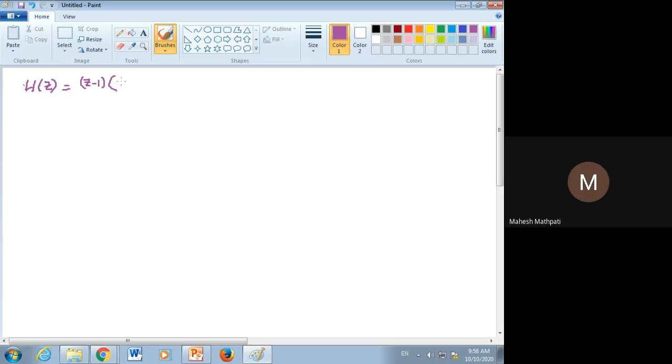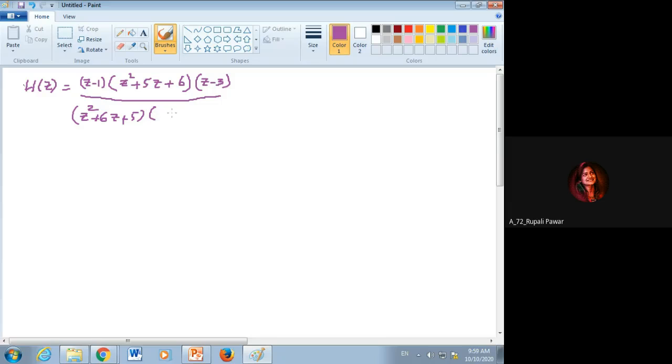Yes, can anyone read the question? z square plus 5z plus 6, into z minus 3, divided by, first bracket z square plus 6z plus 5, and second bracket z square minus 6z plus 8.